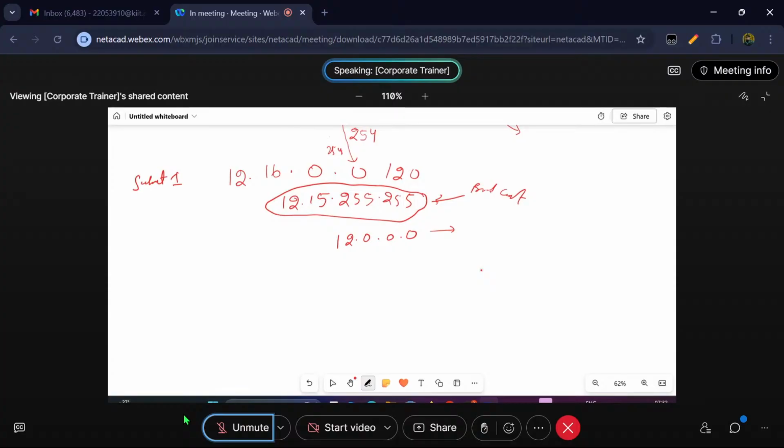And suppose subnet 1 is 12.16.0.0. Just think of it, my second subnet is 12.16.0.0/20. So before that, what IP is before this subnet? Which is my subnet?